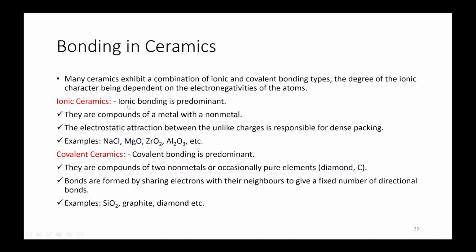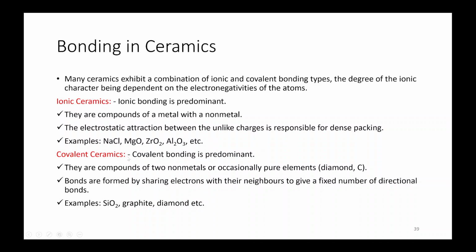In ionic ceramics, ionic bonding is predominant. They are compounds of a metal with a non-metal, so there is an electronegativity difference. The electrostatic attraction between the unlike charges is responsible for dense packing. Examples are sodium chloride, magnesium oxide, zirconium oxide, aluminium oxide, etc.